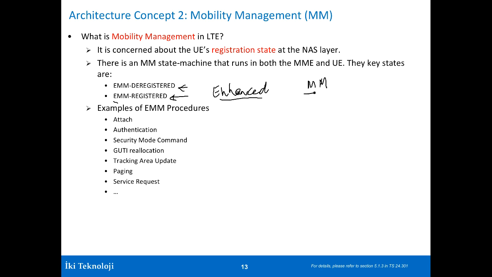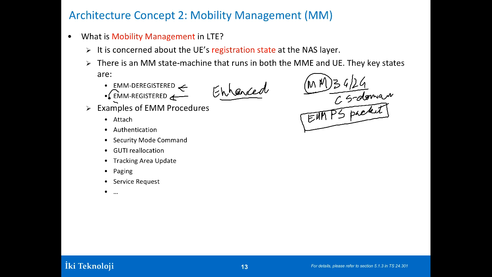So MM is already taken by 2G and 3G, and it's used for the CS domain part of it, that is your voice domain. As we said, LTE is only the PS domain, only the packet domain, and we use EMM for the state machine for the LTE packet domain. And so that's the E.